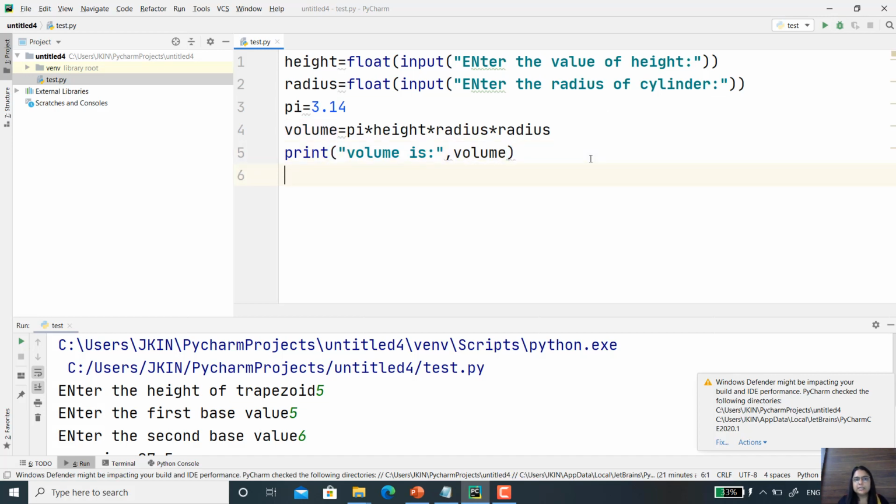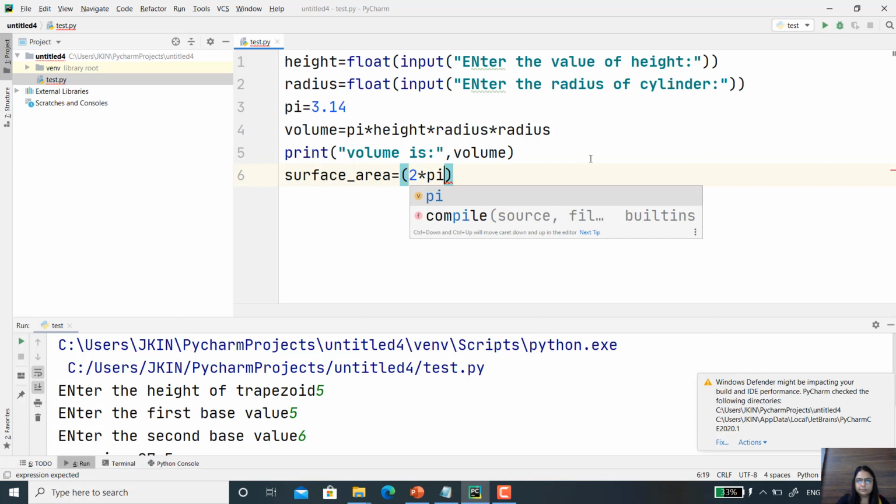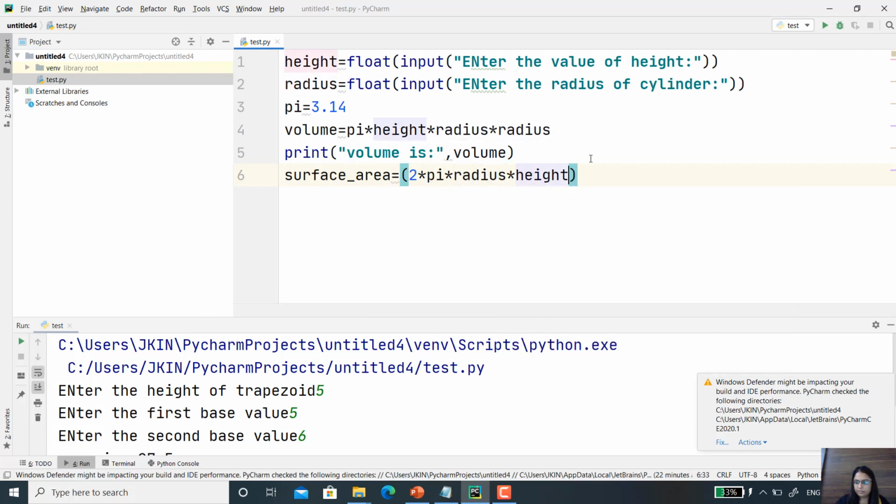Now next we want to find out the surface area. So I'm taking the variable surface underscore area, that equals, the equation is, first of all I'm writing 2 pi r h. So radius multiplied by height and then add here plus, the next part is pi r square.